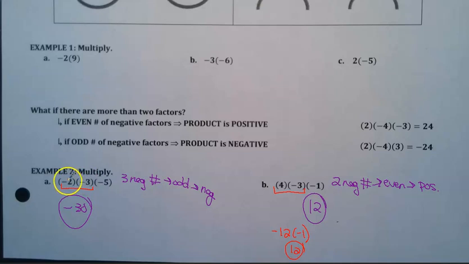Negative 2 times negative 3, they both have a negative. So that means it'd be positive 6 times negative 5. Now you have a positive and a negative, so you're going to have a negative answer. So it's negative 30. Okay, so it kind of just depends on how you want to solve it. But you're going to get the same end result.